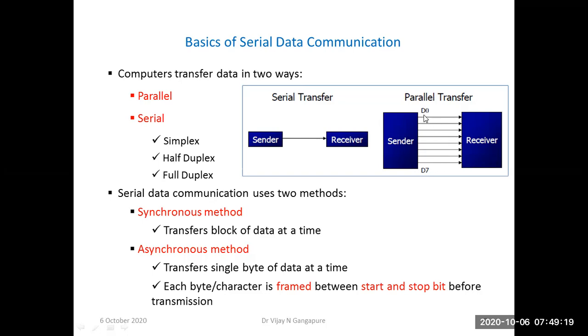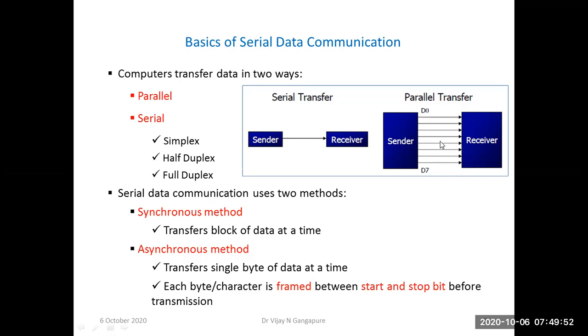For example, here D0 to D7 means eight lines are connected between sender and receiver, and on these eight lines the sender can send 8 bits of data in parallel. Such a transfer is called parallel transfer. It is feasible when sender and receiver are near to each other, that is, the distance between them is limited.